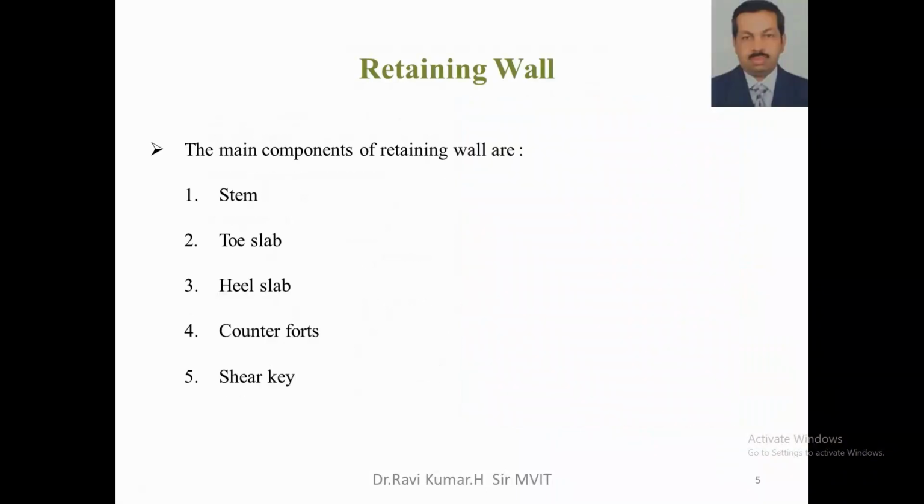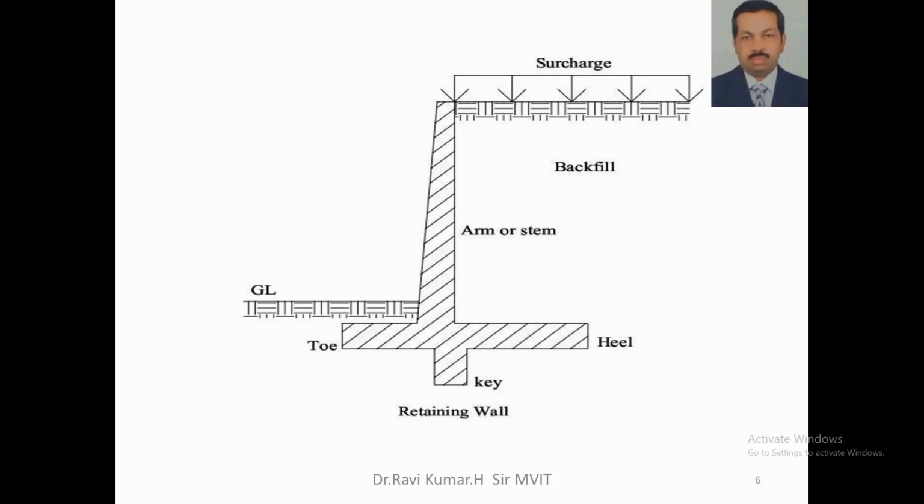Now, let us try to understand the various components of a retaining wall. The components are the stem, toe slab, heel slab, counterfort, and shear key. Let us understand with a pictorial representation. Here you see a backfill, and this is an open ground where you have a basement construction.